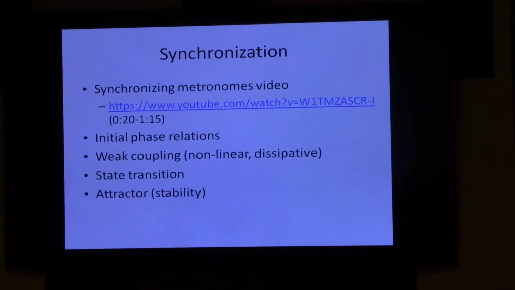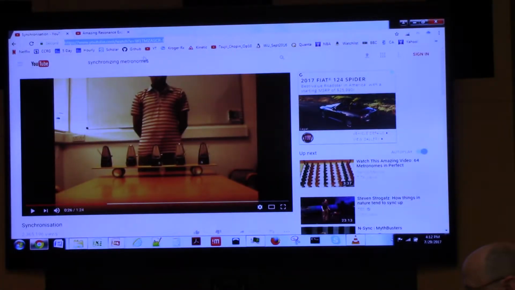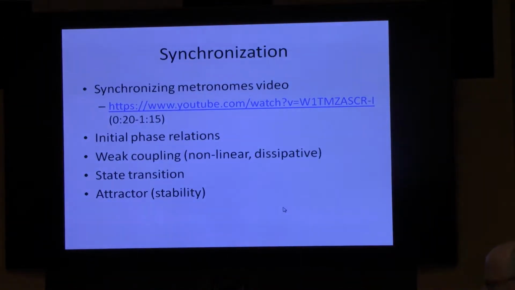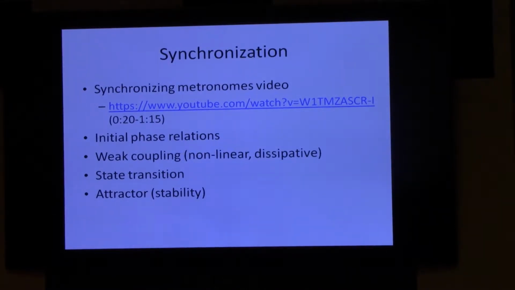So first, for synchronization, there's an old video that we've seen before, but let's look at some of it again. And there's a couple of things that I want to point out as we see them. We're going to look at about 50 seconds worth of the video. There's some initial phase relations between several metronomes.